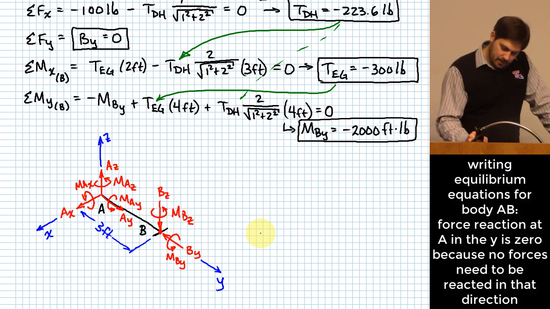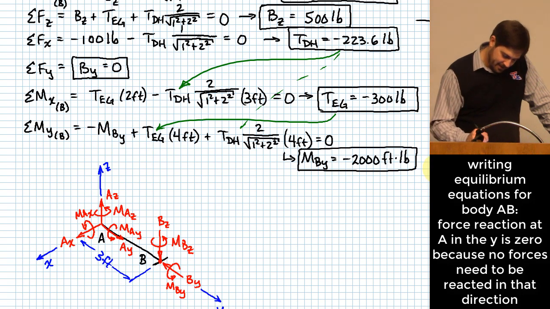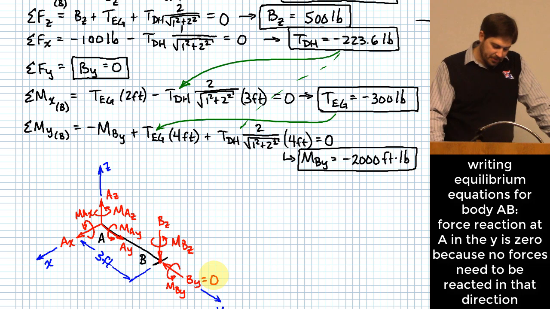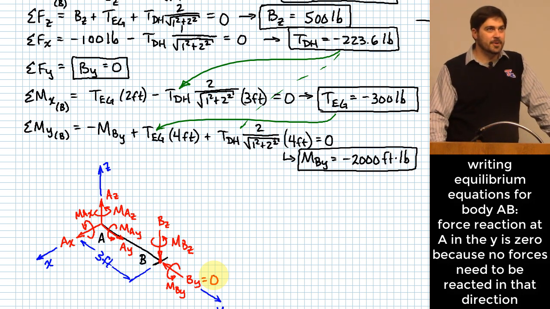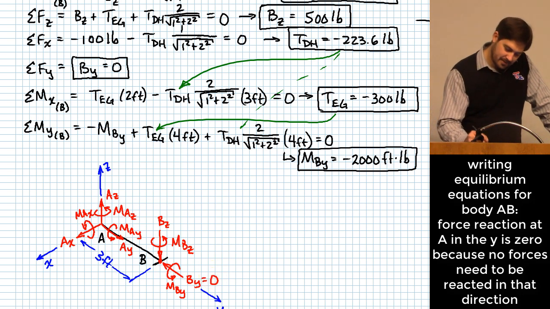All right, so what should we do now? One of these things is actually real easy, right? BY was 0, so it's like that one's not even there. And if that one's not there, then what's AY?